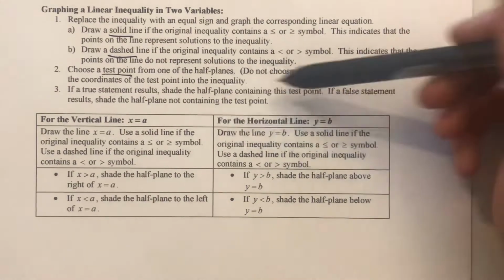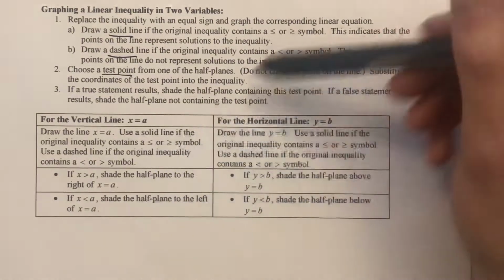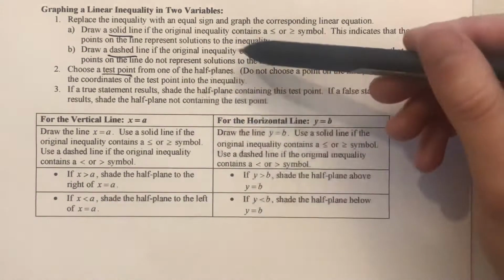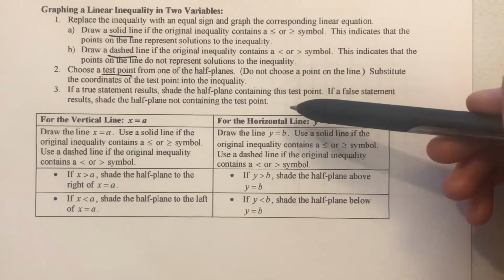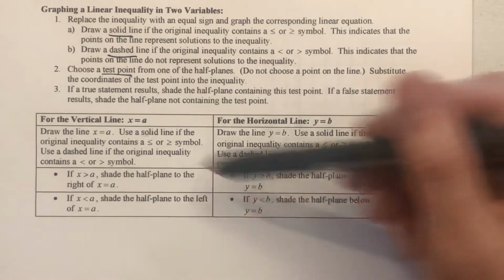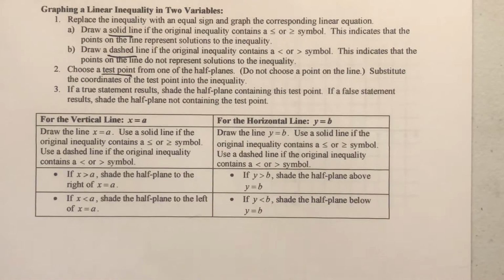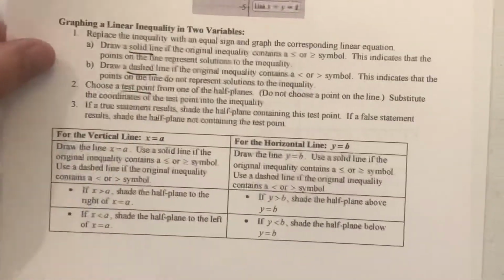Then which side of 3 are numbers greater than 3? To its right. So we know for vertical lines, greater than is to the right and less than is to the left. Just like we know for horizontal lines, y is greater than would be shaded above, y is less than would be shaded below. So those are more straightforward ones, but again, you can always rely on a test point if you are at all concerned about shading the correct region.